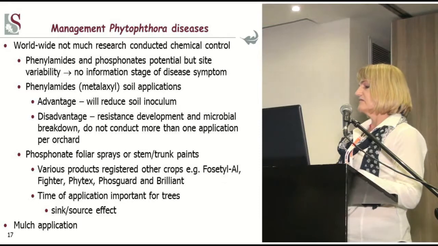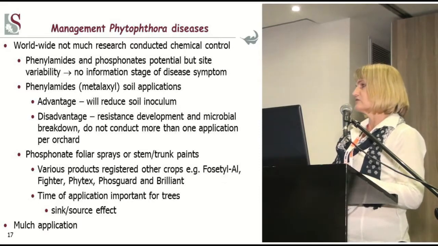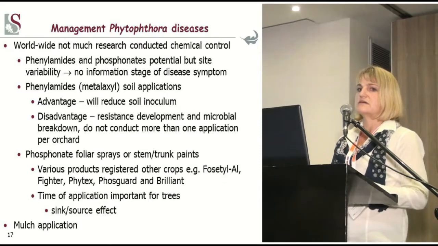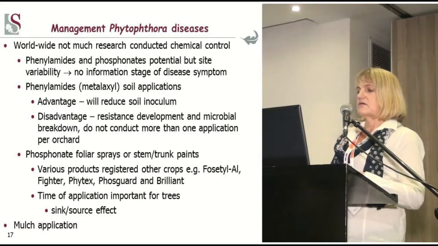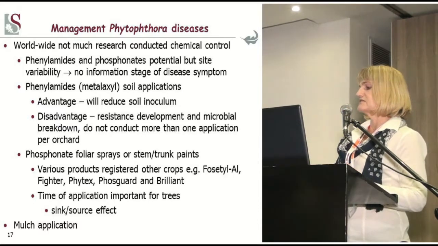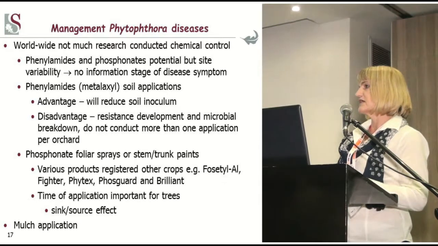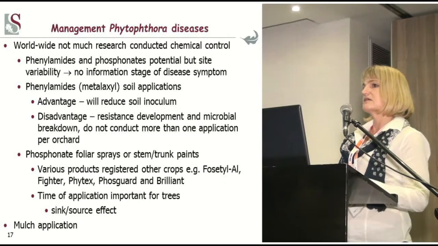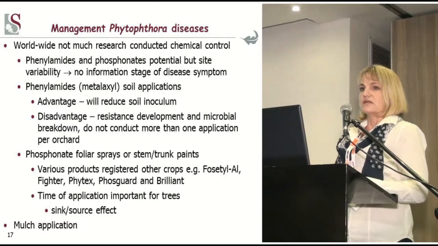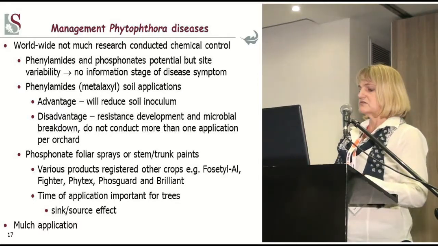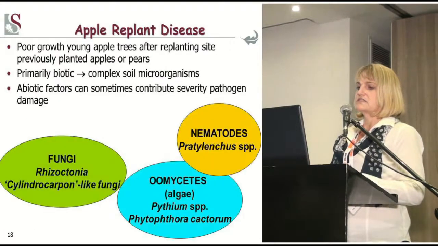These chemicals can be applied as a soil drench, but only once a year, because the pathogen is prone to developing resistance. Then also the phosphonates can be used. Unfortunately, currently there are no products registered on apples, so it's difficult to make specific recommendations.